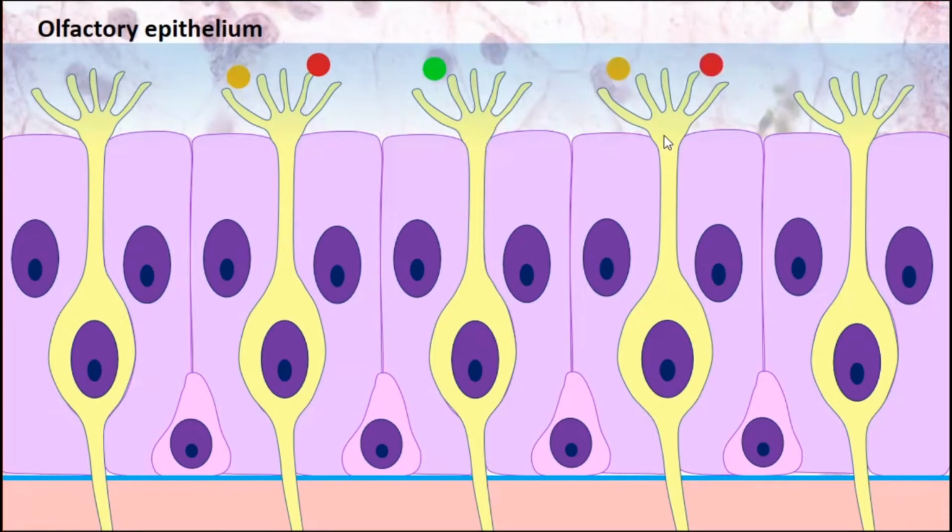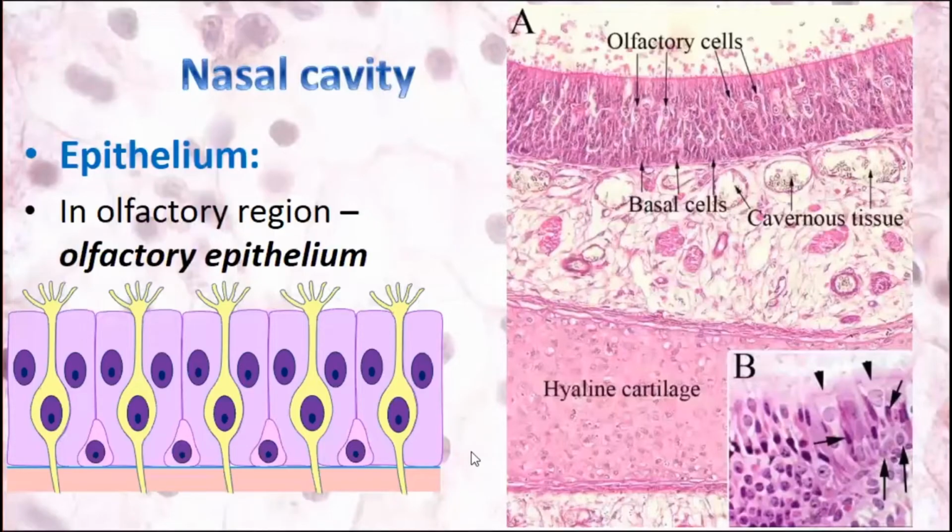They are activated and they send information to CNS. So here we can see a cell, and it takes up information, generates nerve impulse, and this nerve impulse runs through the axon to CNS.